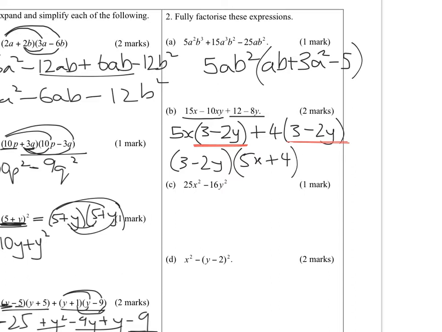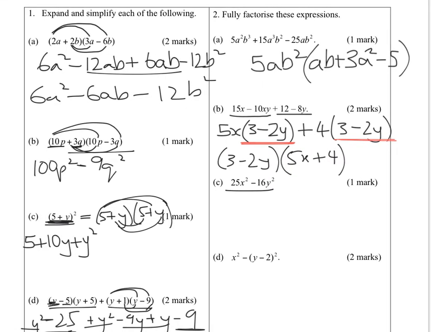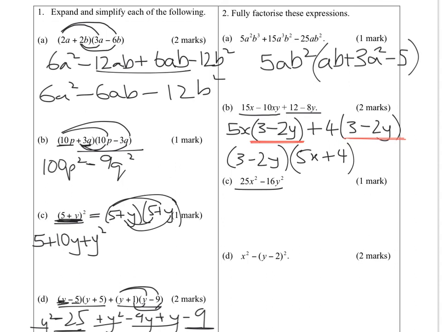Now C, that is a difference of two squares. Now that looks very similar to that answer there. So if you ever have problems with that one, you look previously to an expanded question, and then you can figure out, okay, it's going to look like that. So, two brackets.